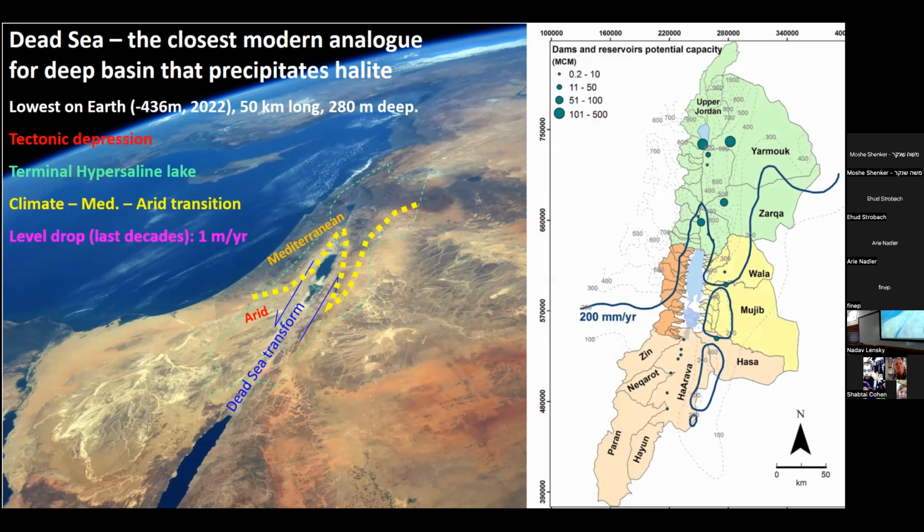So the water is held behind dams, and from the dams it goes into our usage for drinking and for irrigation and so on. And also the Dead Sea industries in Israel and Jordan are keeping these regions still wet, and then we have more evaporation, so it's another consumer.